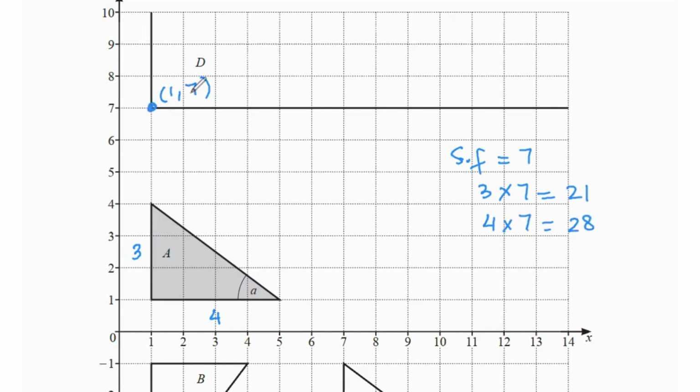So to 1 over here, we'll add 28. So that's going to be over here at (29, 7). And over here for the other vertex, it's going to be 7 plus 21, which is 28. So that is the next vertex. So we have (1, 28) and (29, 7). These are the other two vertices for the enlarged shape.